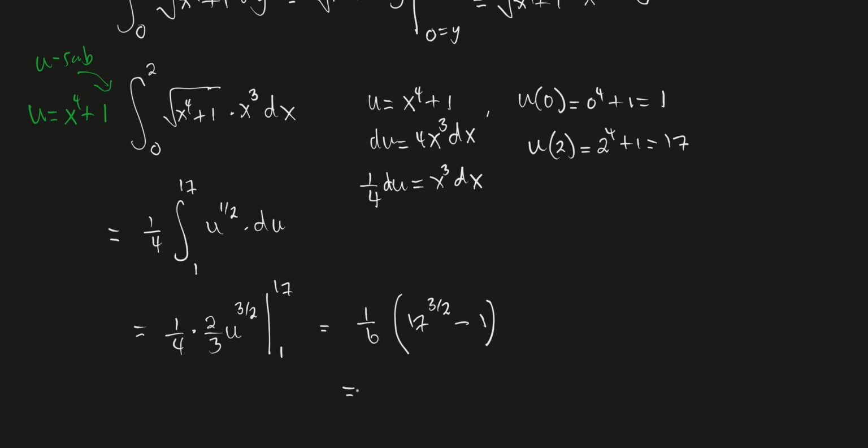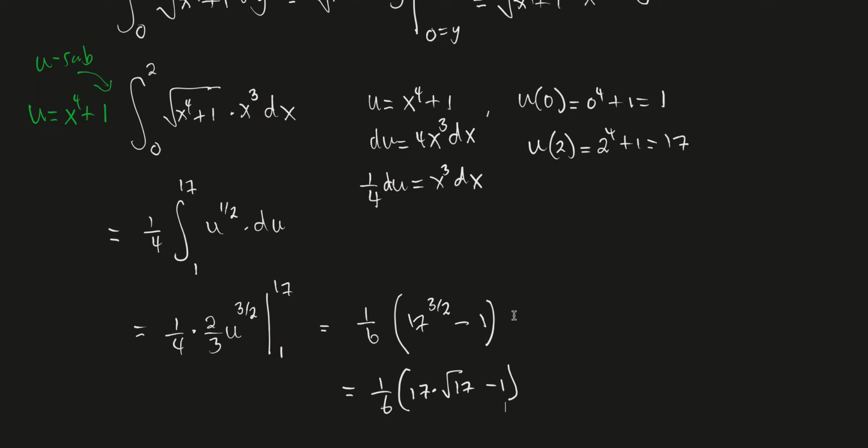And of course the 17 to the 3/2, if you like, you can write it as 17 times root 17 minus 1, but that's not necessary at all. And then there's our value. So again, you can interpret this as the volume, net volume, if you will.